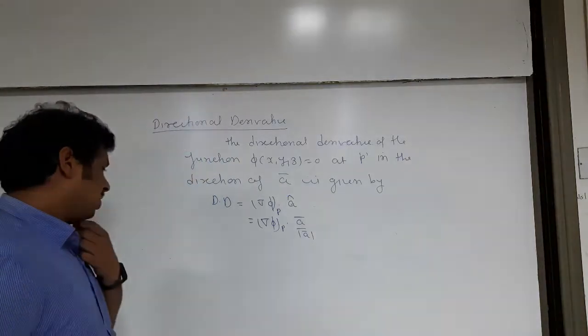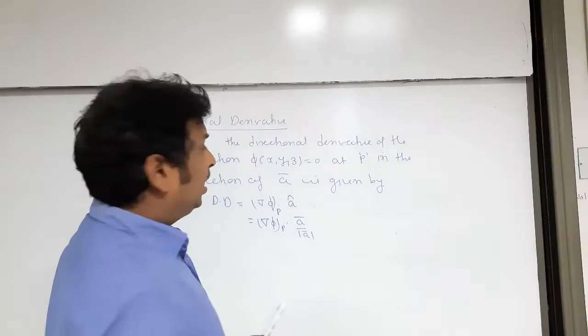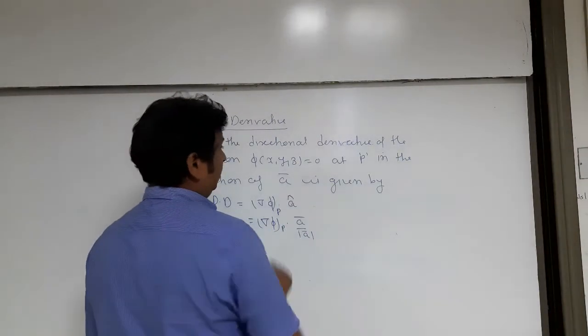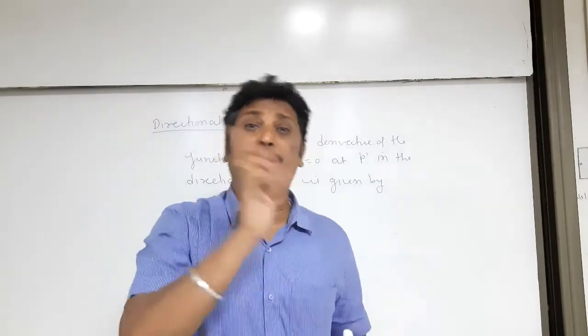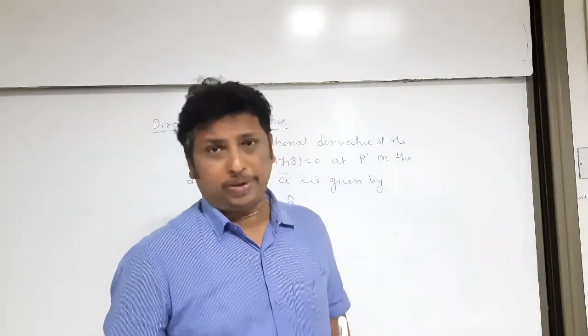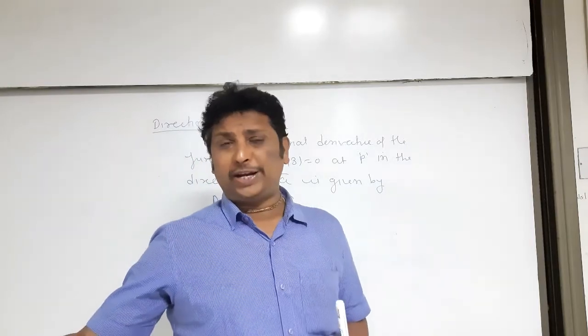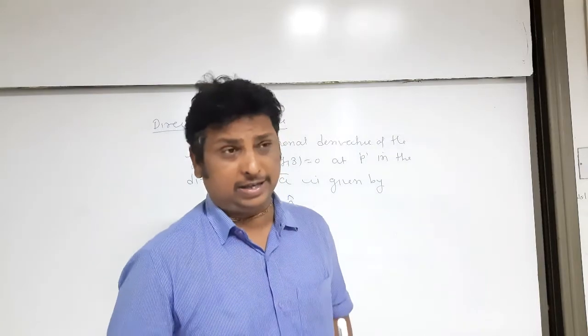So it's very easy. We do one question. Sometimes you feel difficulty calculating the direction. Sometimes they ask to find it in the direction of PQ. So what is PQ? OQ minus OP. The Q point is given, P is given, so you can calculate easily.